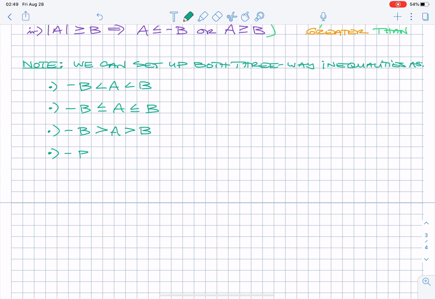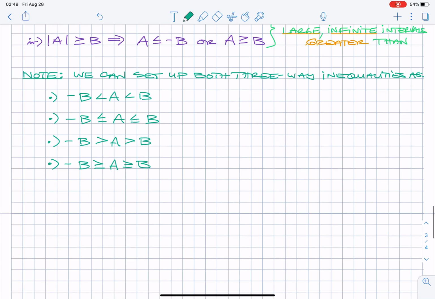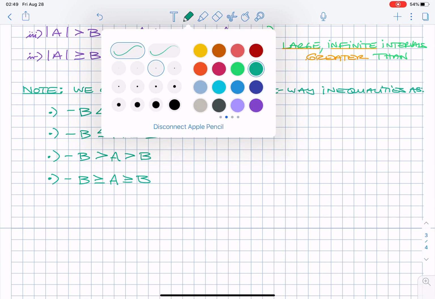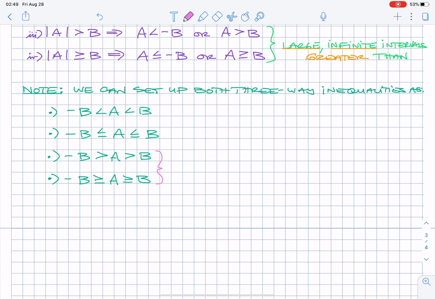So negative b is greater than or equal to a, which means a is less than or equal to negative b, and then a is greater than or equal to b. So what we can do with these two is separate into two intervals after solving for x.